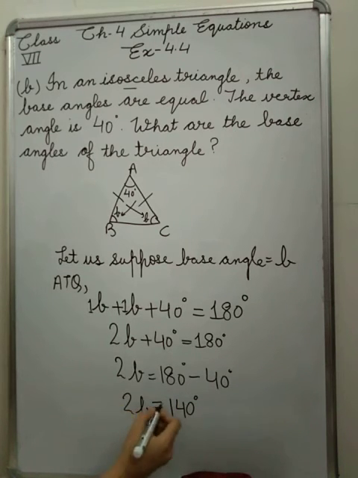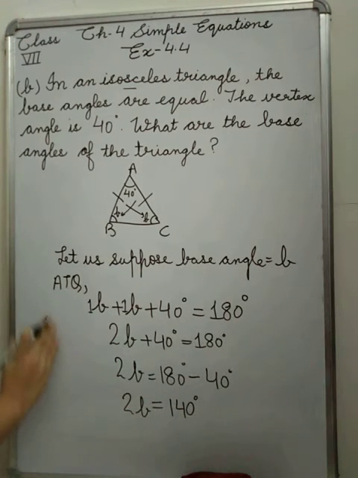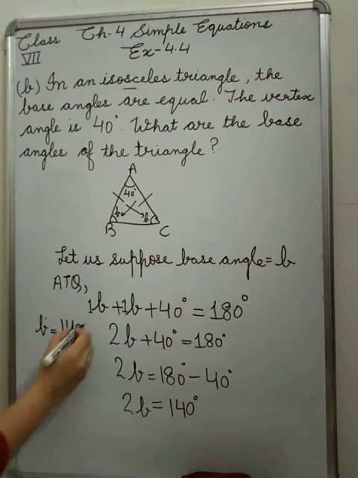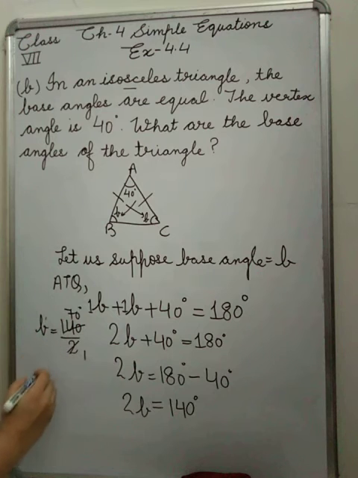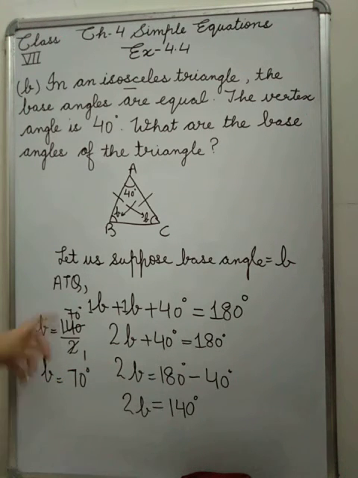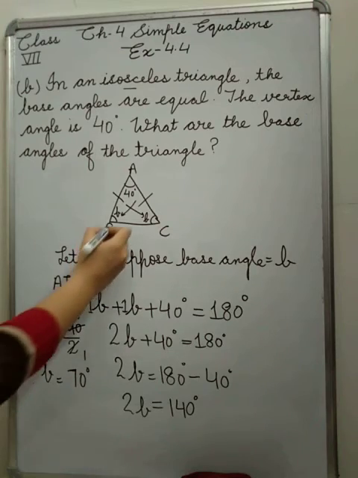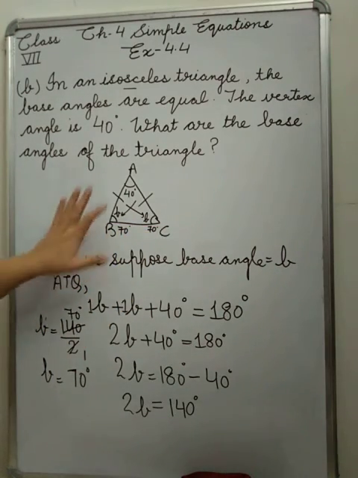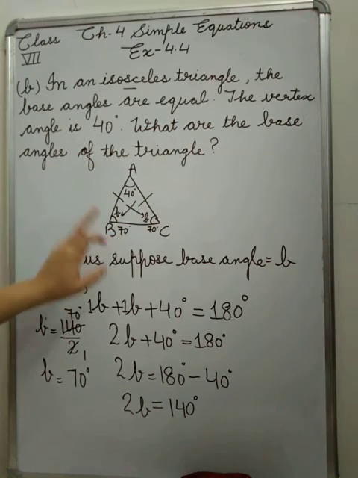So 2b equals 140. Here 2 is in multiplication, moving to the next side it will be division. So the value of b is 140 upon 2, that means 70 degrees. So the base angle is 70. If this is 70, this is also 70. So the base angles are 70 and 70.